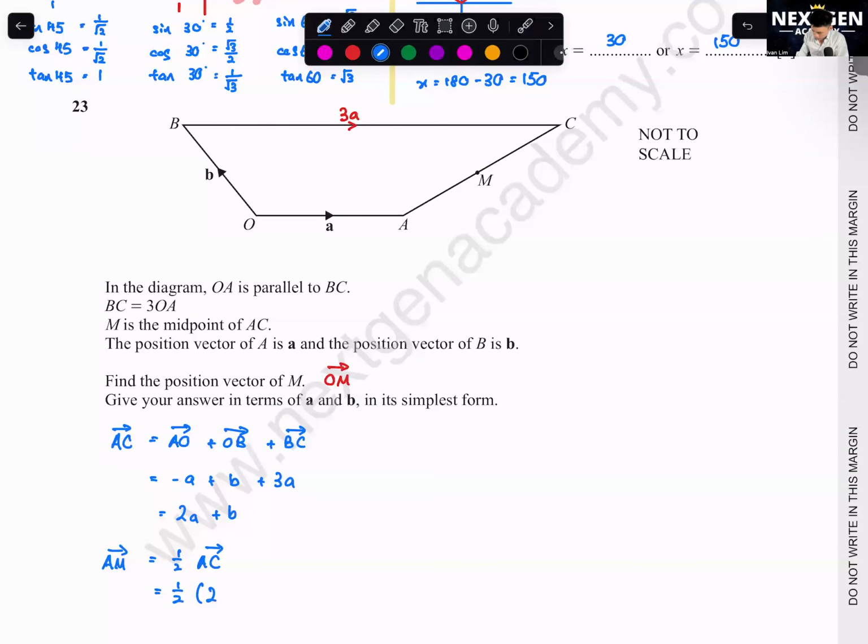So half of 2A plus B, which is A plus half B. Then to get from O to M, so we have this already, A plus 1 over 2 B. OM is equal to OA plus AM. A plus A plus half B, 2A plus half B. 3 marks.